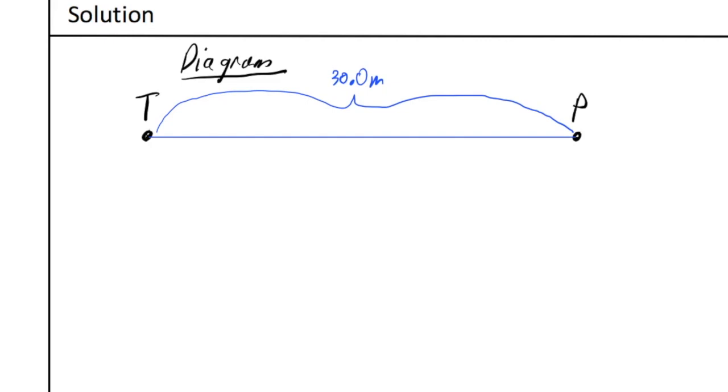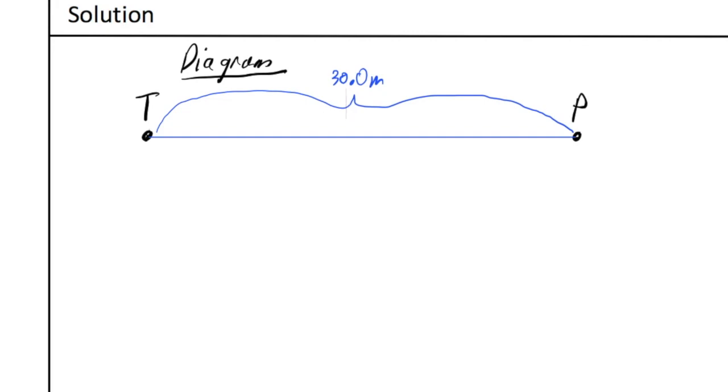So we know that they're separated by that amount. The combined distance that each is going to run will cover the full 30, because Tom is going to run part of it, Phil is going to run the other part, and they're going to meet somewhere in the middle. Now let's talk about things logically here.